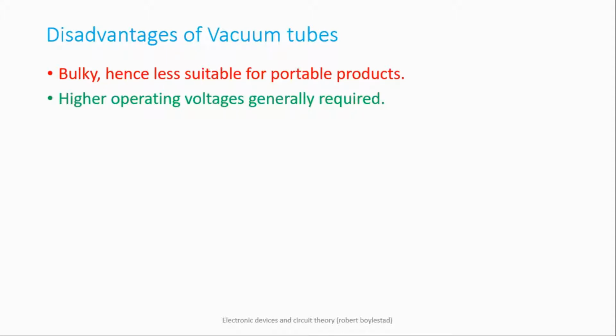When you are moving in a war type scenario, it's not possible to carry diesel generator sets and all. In those locations, it is very difficult to get your electronic product operable. So that's another issue with vacuum tubes, that higher operating voltages are required.